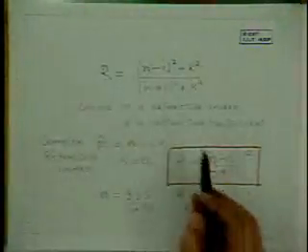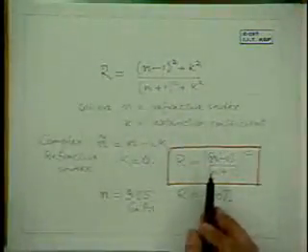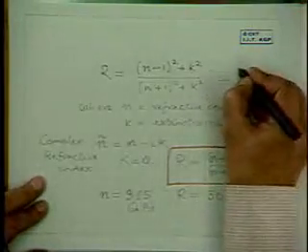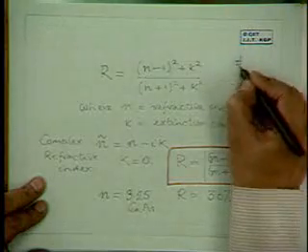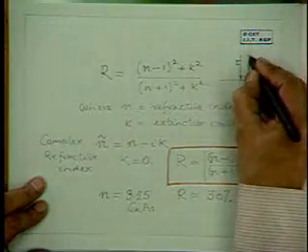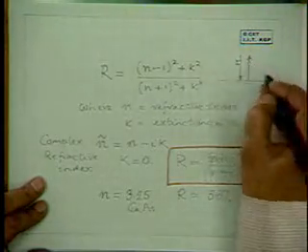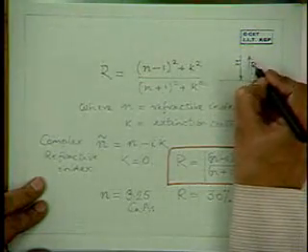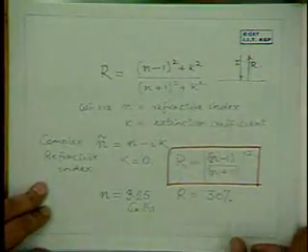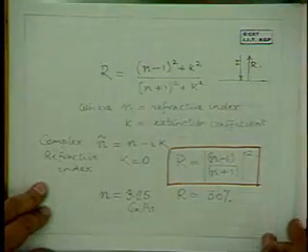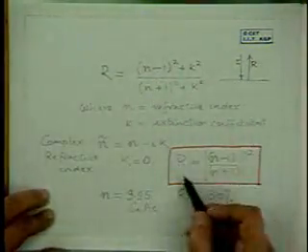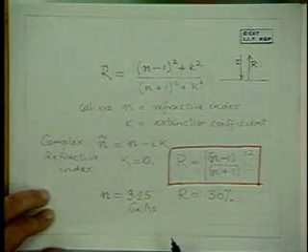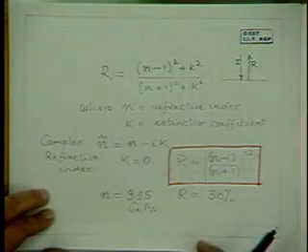This expression is valid at normal incidence, where the light is incident at 90 degrees to the planar surface. We'll see later on how this reflection R can be reduced by various techniques.